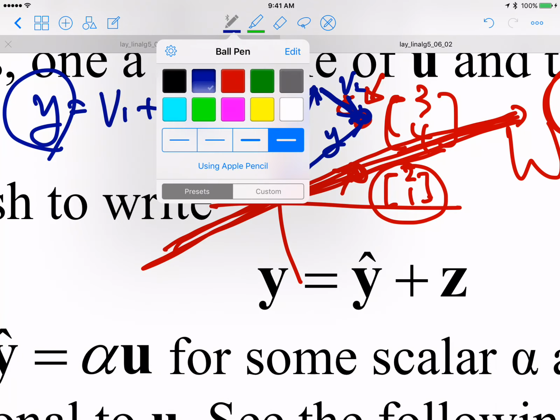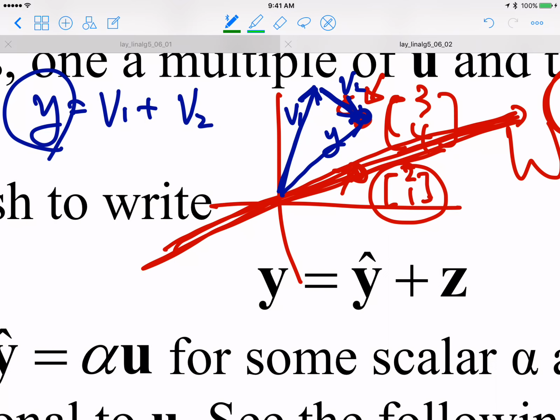Or, it gets dirty, but you can decompose this vector like this vector and this vector. So this one can become another v1 and v2, and it can also be represented as this green v1 and v2 and their summation, right?